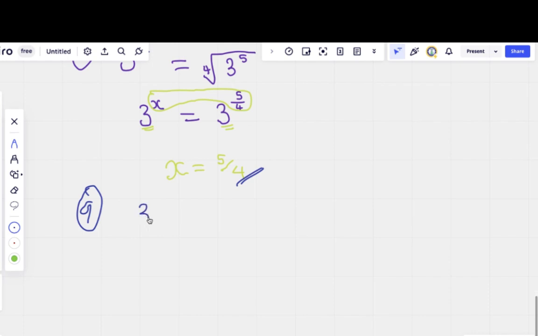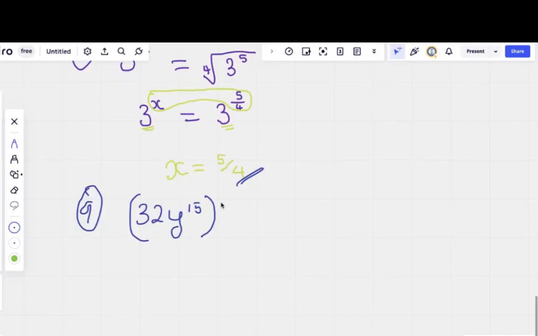So we say 32 y to the power of 50, everything raised to power 2 over 5. So try this.